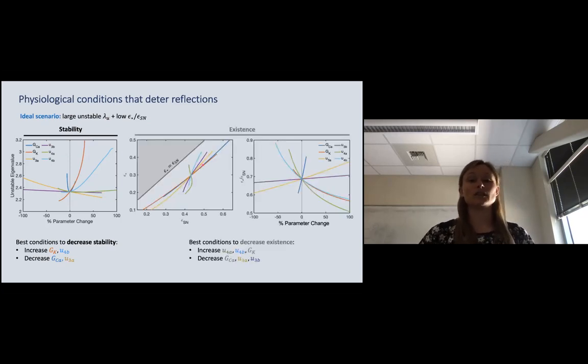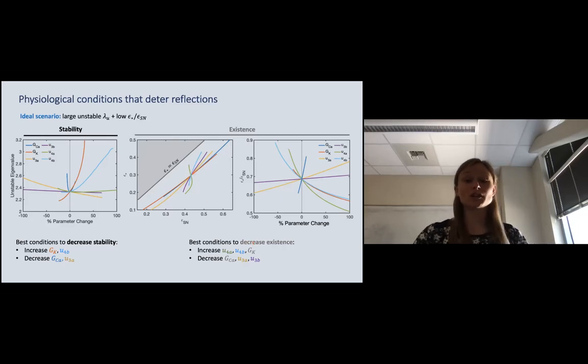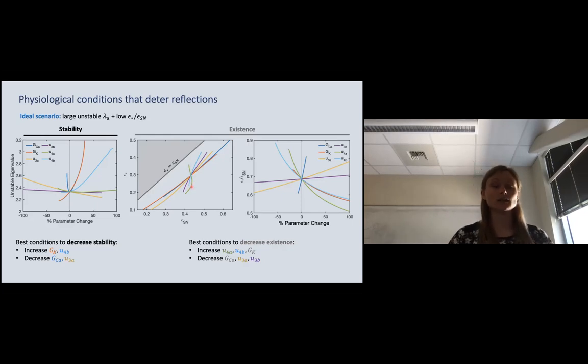In terms of the existence, and changing this ratio, the best conditions to decrease this existence would be, in particular, to moderately increase this value of U4A, because we actually see that there's that negative slope there. And so it's directly impacting epsilon star, but not impacting the ability for traveling waves to propagate.